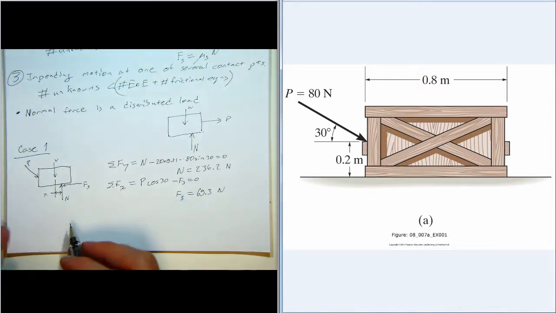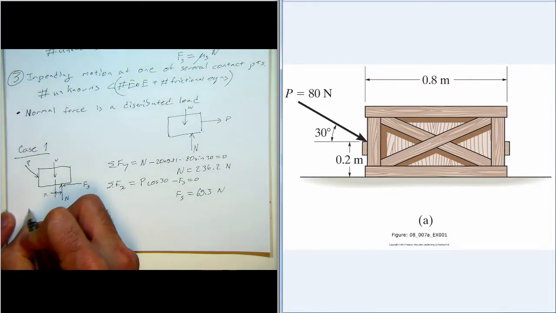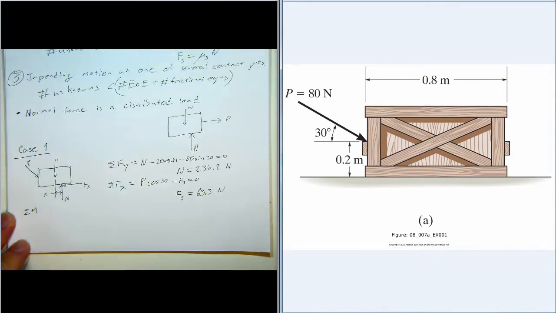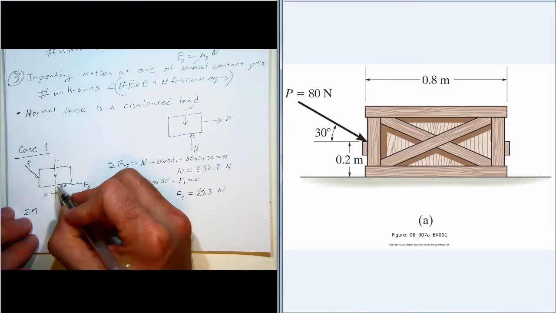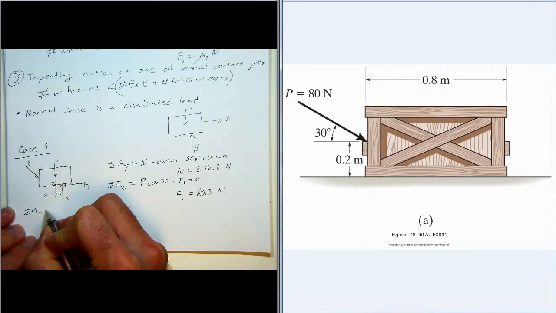And now the other unknown is this value x. So we'll take the sum of the moments, and we'll take the moments about this point right here, call it O. So the sum of the moments about point O.